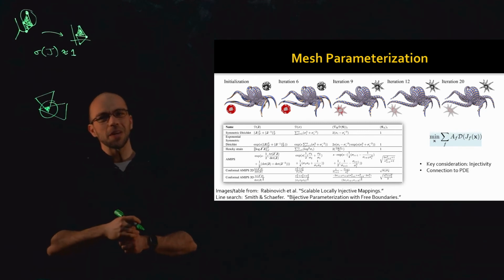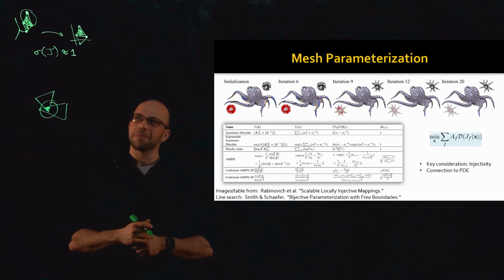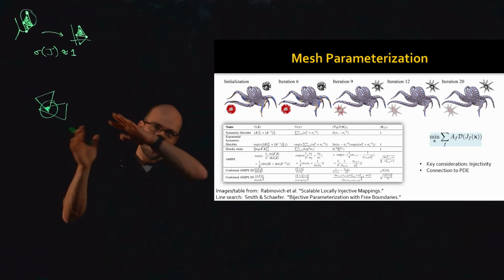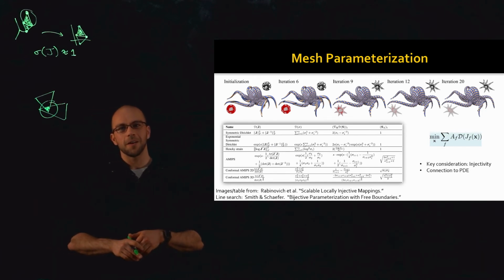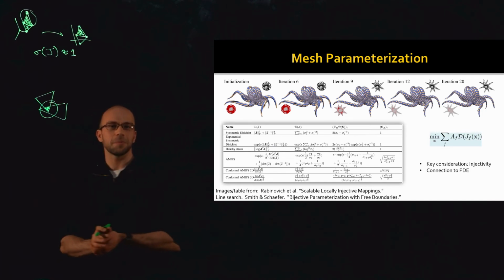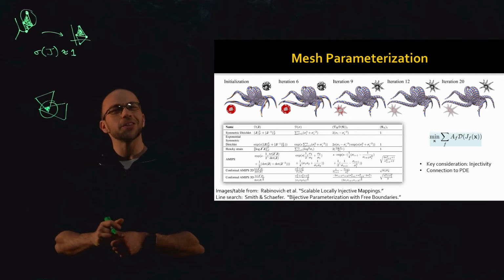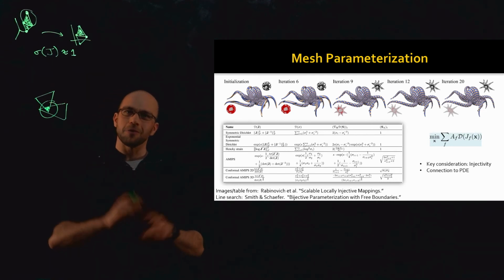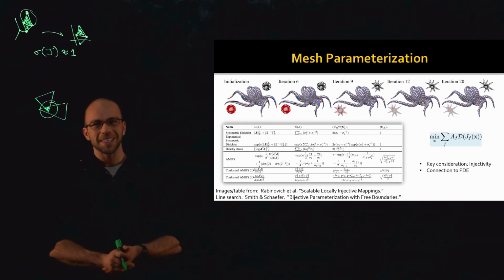And so there's some really clever techniques for coming up with bijective maps, or at least injective maps from a surface into the plane. Probably the most common ones are all built off of a line search technique proposed by Smith and Schaefer, where you come up with one initial guess of a parameterization whose distortion is really bad, but is guaranteed to at least be bijective.